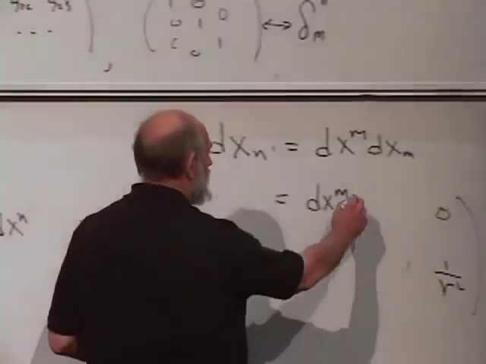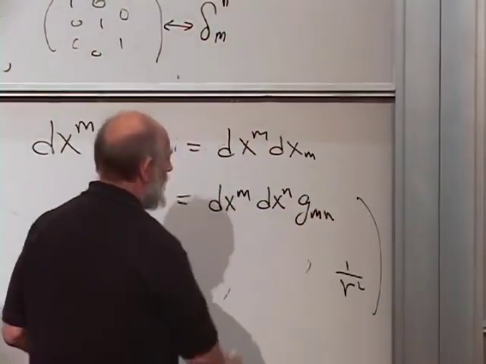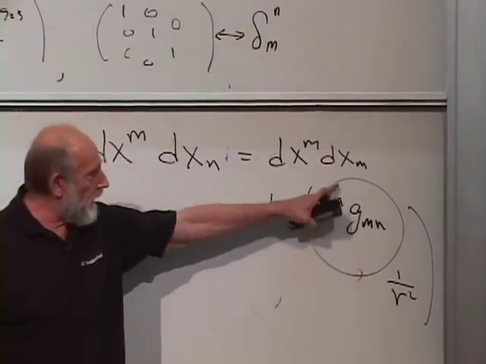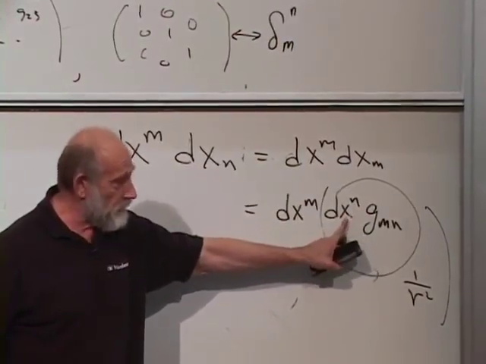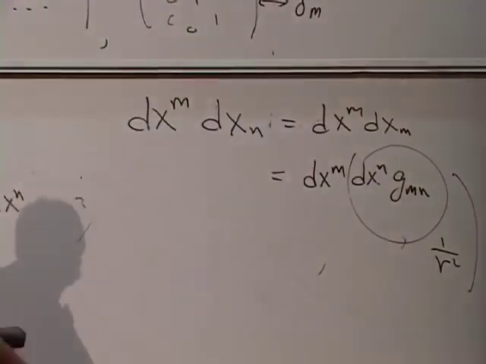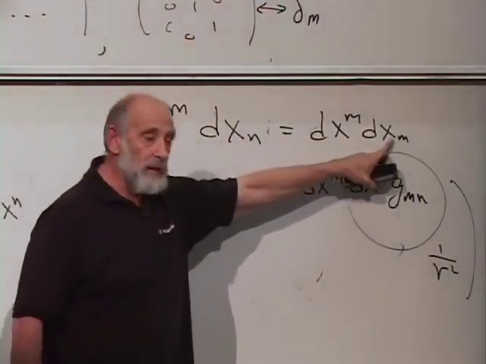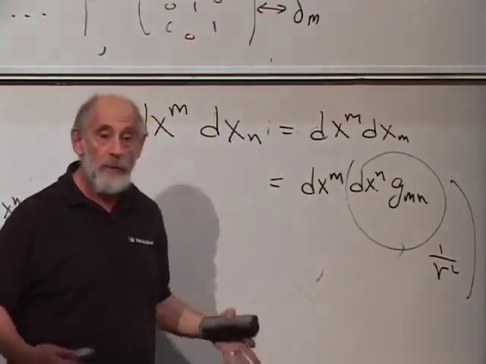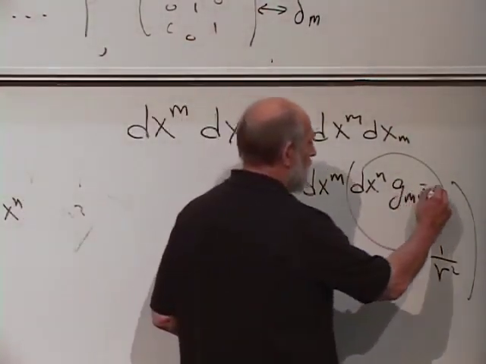It's clearly dx^m dx^n g_mn. This object is just the dx with the lower index. I lowered the index of dx^n, and I multiply it by another dx. So what is this object with one dx upper and one dx lower contracted? It's g_mn dx^m dx^n. What is that? It's ds squared. It's the distance between them.